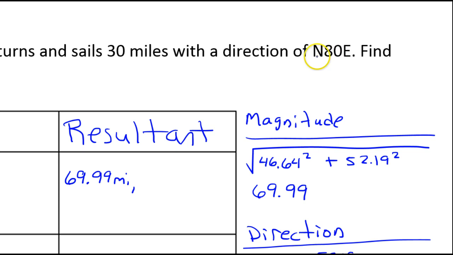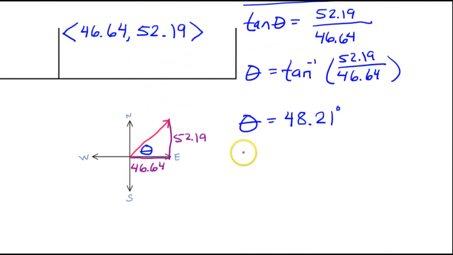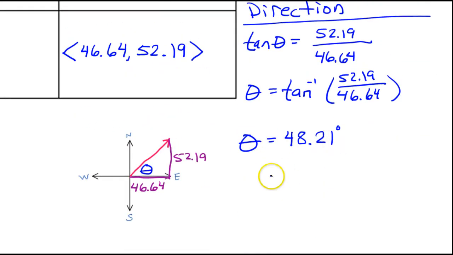They gave us a direction like north 80 degrees east, this type of format. So how can we take 48.21 degrees and write it as something like north and some kind of degrees east? Well, there's two ways we could do it.